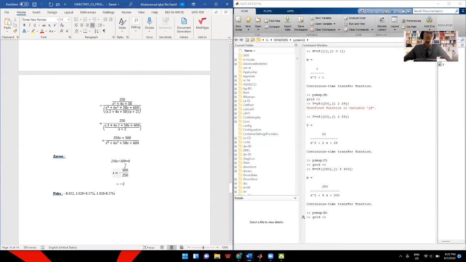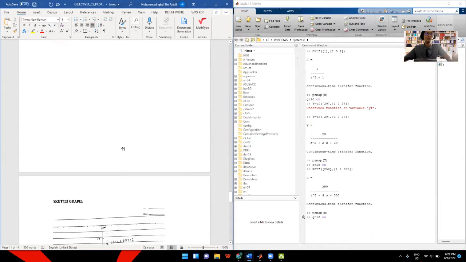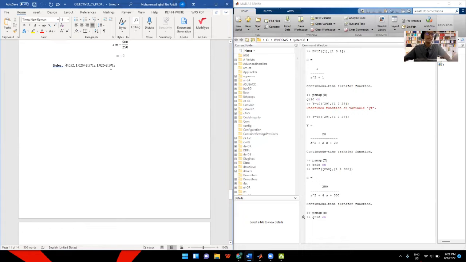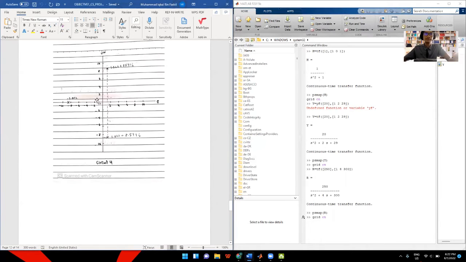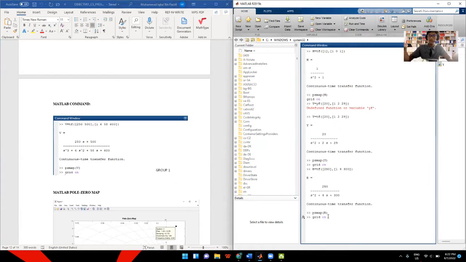And the zero is S equal to -2, and the poles are -8.052, -1.029 plus 8.571i, and -1.029 minus 8.571i. So from these three values, we get this graph, 2 poles here and 1 pole here, and we can prove it in MATLAB.